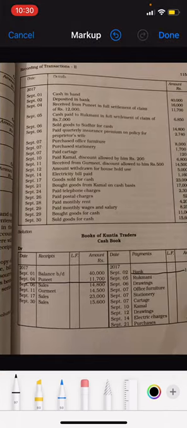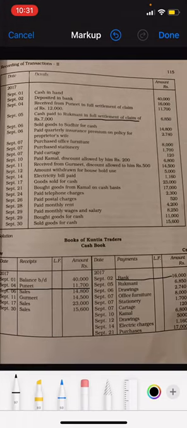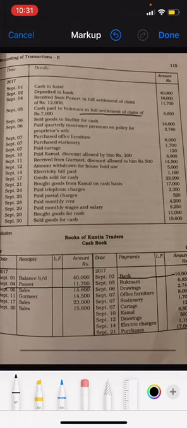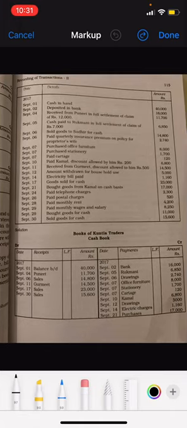Next is cash paid to Rukmini in full settlement of the claim of rupees 7,000. How much is the amount paid? 6,850 is paid. So you have paid to Rukmini.